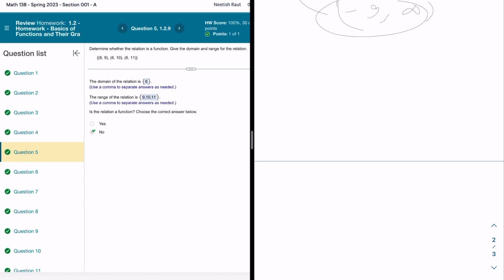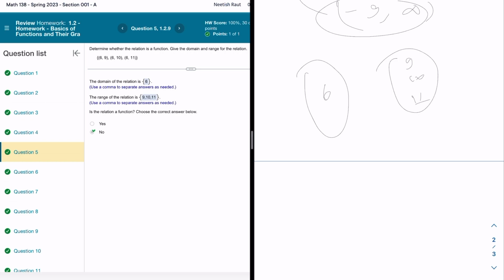Yeah, but here is an equation, like is it a function or not. So remember that date of birth formula, 6, 6, 6. So the domain is how many 6? Only 1. Don't write 3 times 6. And we have the range 9, 10, 11.